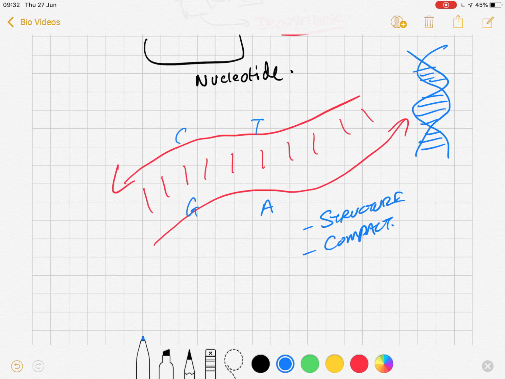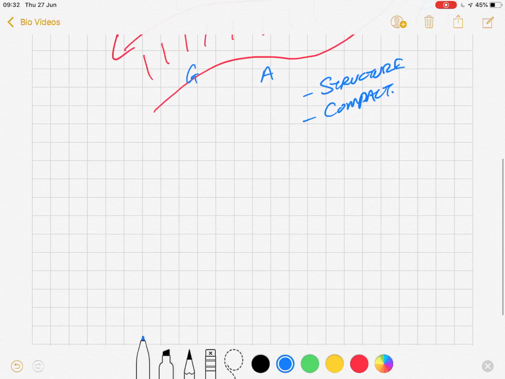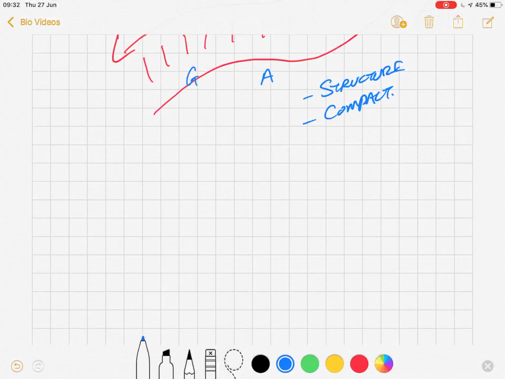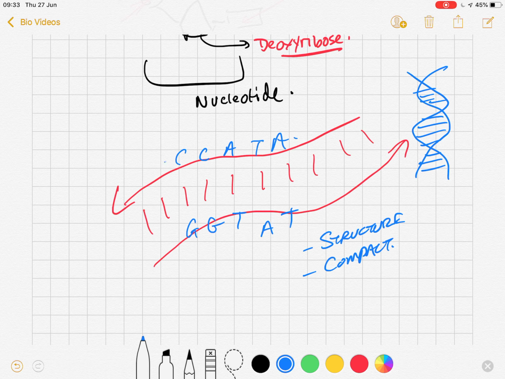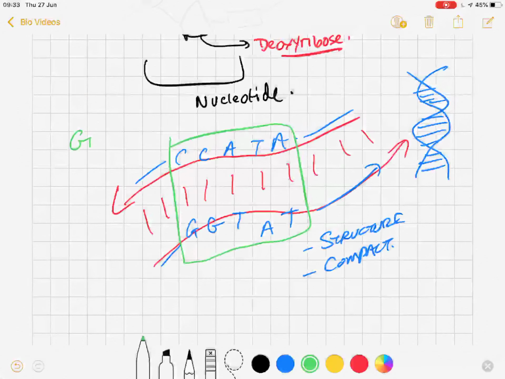So the DNA itself is broken down into sections. Each section of code, if I put a few more random letters in here, let's say I've got a G here and another T here and an A here, is one section of DNA along the whole of the genetic code. And this section, we're going to call a gene.